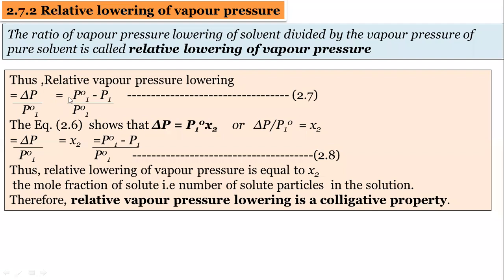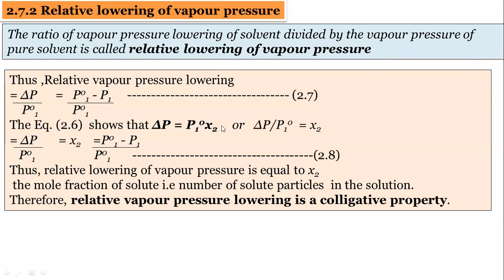So delta P is P01 minus P1, divided by P01, and this is equation number 2.7.